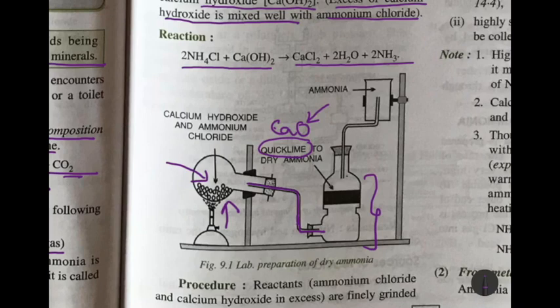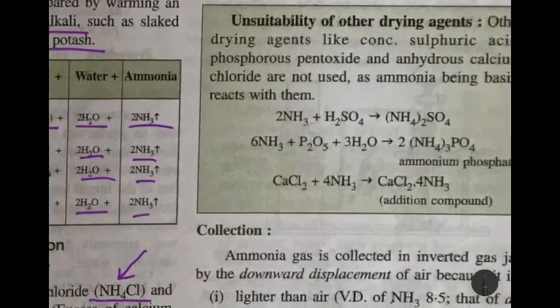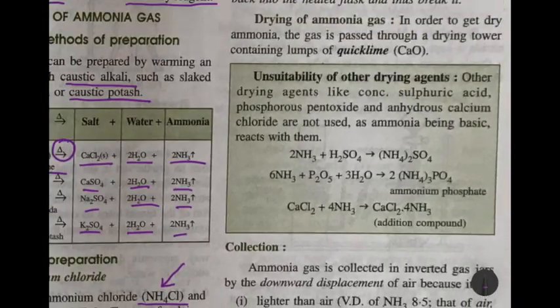And the ammonia gas which comes out from here is completely dry, and it is collected by the downward displacement of air. Now, why is quicklime used and not other drying agents like sulfuric acid, phosphorus pentoxide, and anhydrous calcium chloride? The reason is very clear: because ammonia is basic and it reacts with them.